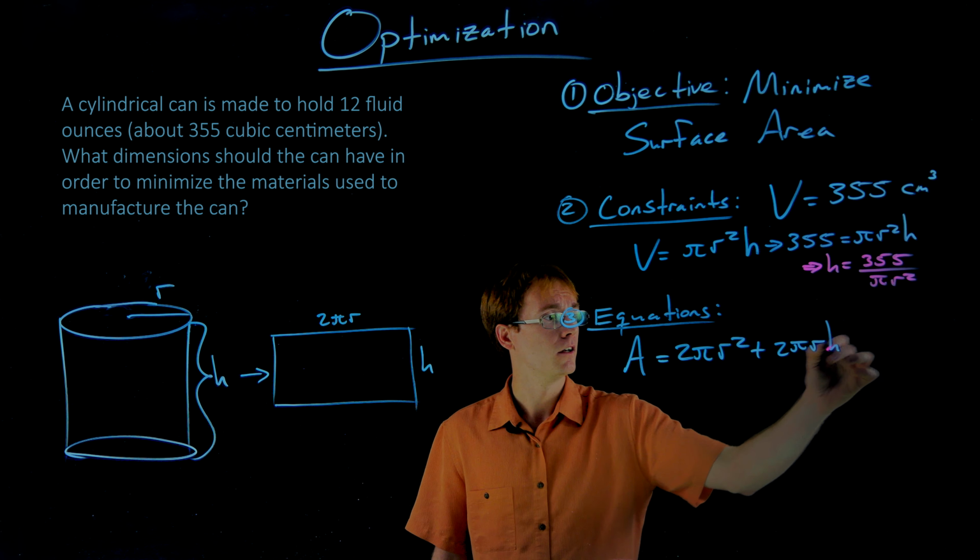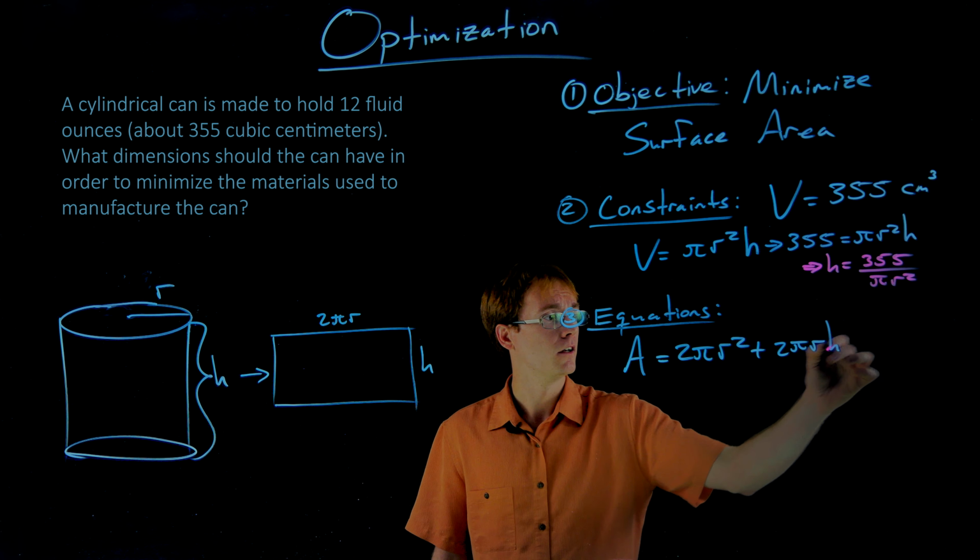So remember, the original question was asking for all the dimensions that are required for our can to use the least amount of materials possible, or to minimize the surface area of our can. We already found the radius value that makes this happen, about 3.87 centimeters. We still have to find the h value, or the height of our can, that goes along with this radius value.